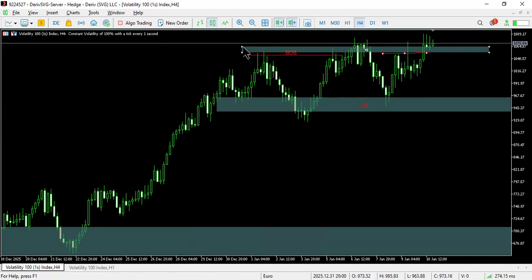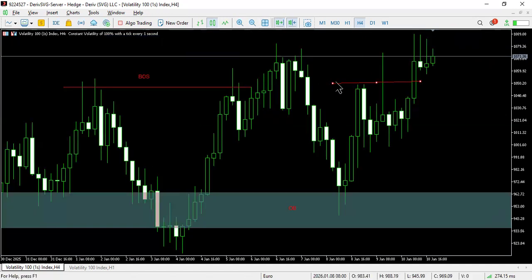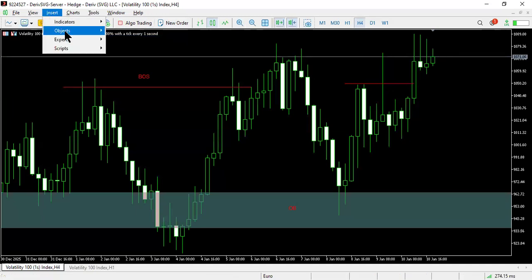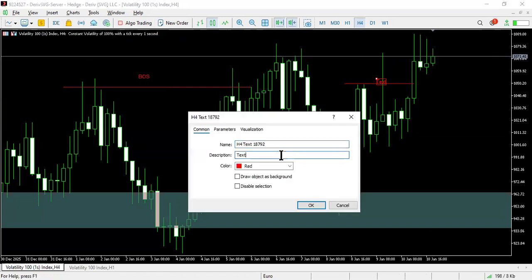Let me just remove that resistance level for now. All right. So we have a break of structure. We have a break of structure there.